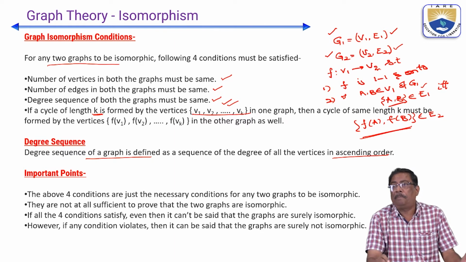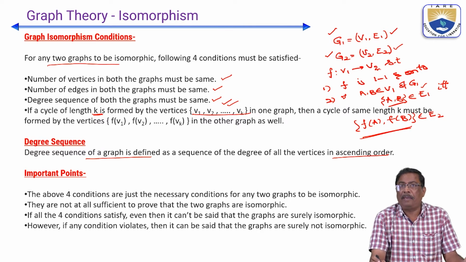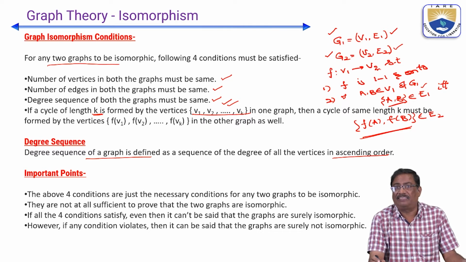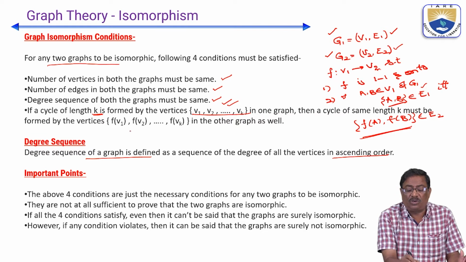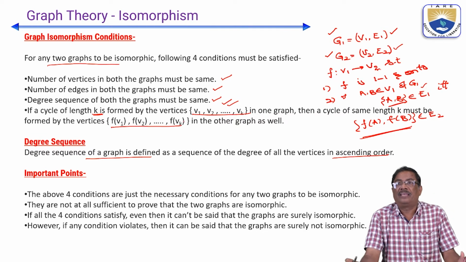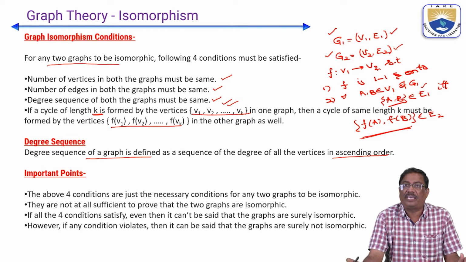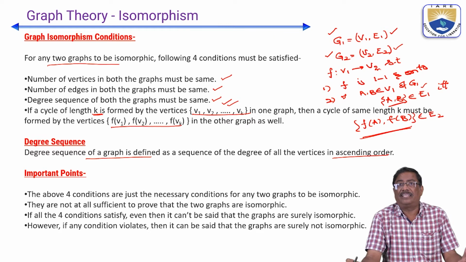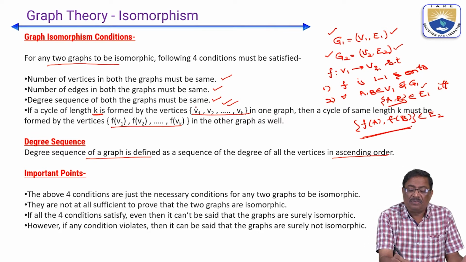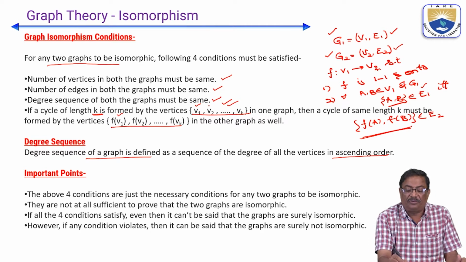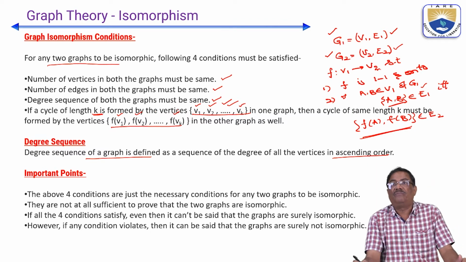Then the other graph has a cycle of the same length k, formed by the vertices f(v1), f(v2) and so on up to f(vk). Here v1 is mapped to f(v1), v2 is mapped to f(v2), and vk is mapped to f(vk).